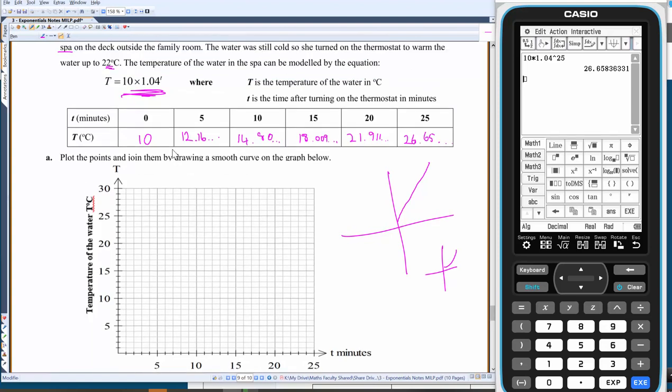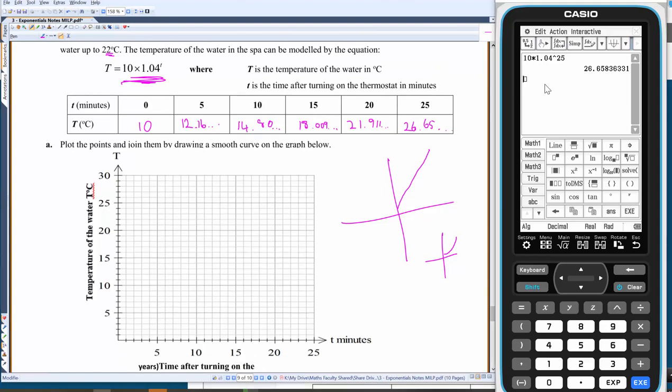All right, so the way I'm going to do this to graph it properly is to plot the first couple of points. Okay, so 0 is 10. And 5 is 12.6, somewhere there. Right, and what I'm going to do is work out how long before it gets to 22 degrees.